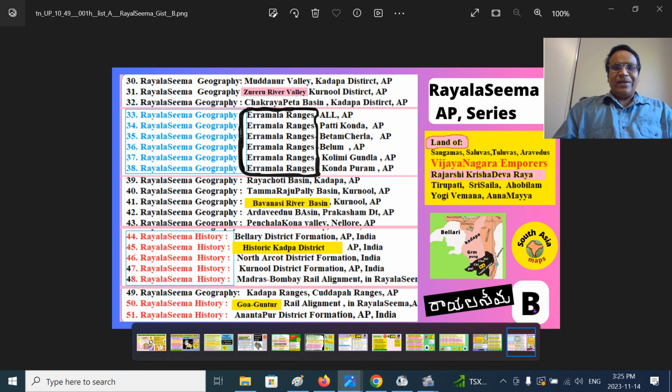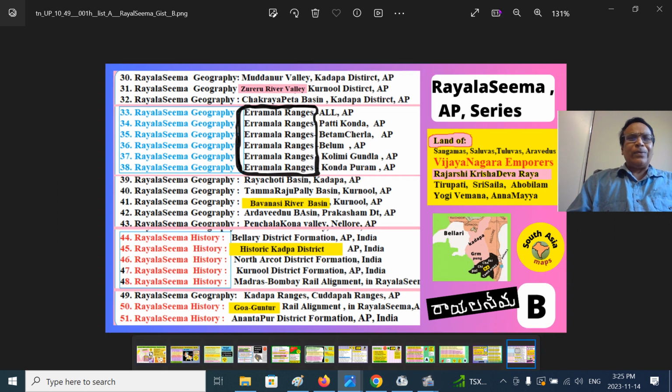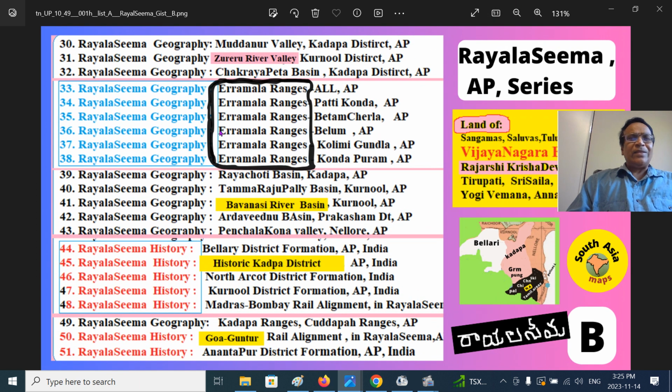And in part B, I have decided to present more. What we are looking at today is the Belum branch, that is the 36th part. Here you see the rectangle, the square part I have highlighted. These are all the Erramala branches. We are looking at the Belum part of Erramala.